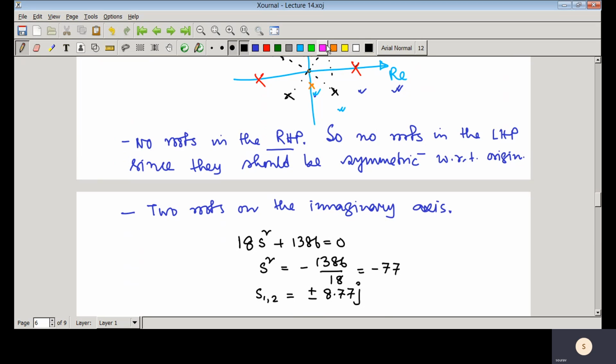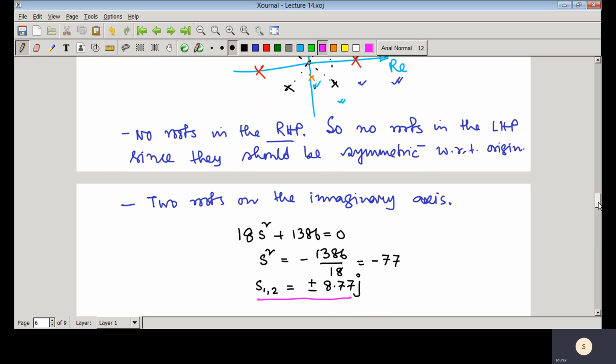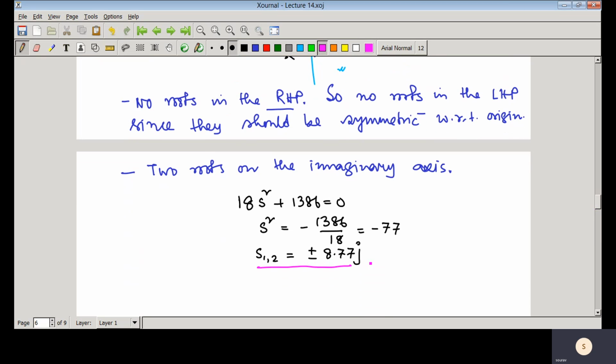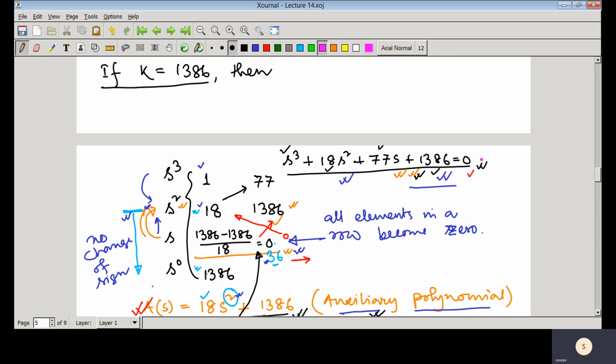So then you can see that this polynomial has two roots on the imaginary axis, which is clear from the Routh table. And interestingly, these are also the two roots of the original polynomial.